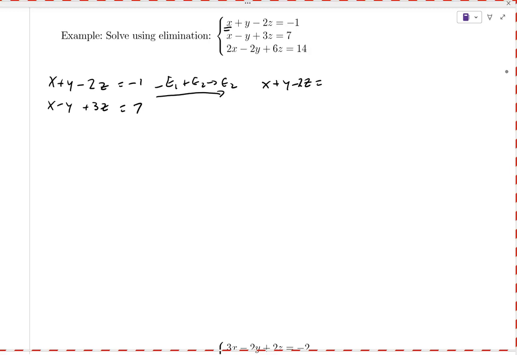We're only changing the second equation as we go along here. So if I do -1 times the x and add to the x, we'll get a 0, right? If we do -1 times the y and add to -y, what do we end up with? -2y. -1 times the 2z gives me positive 2z, plus the 3z gives us 5z.